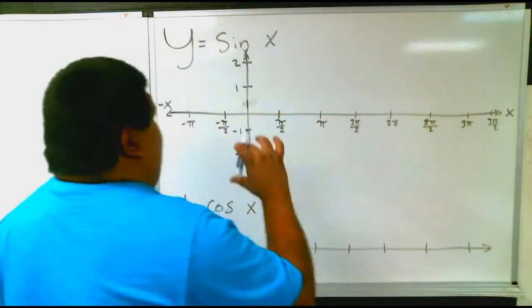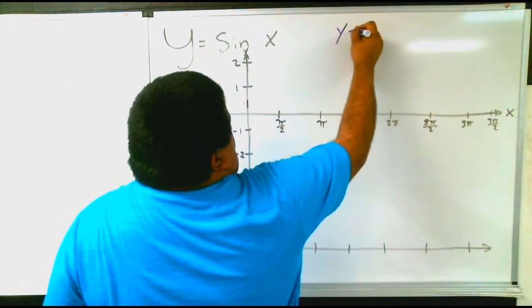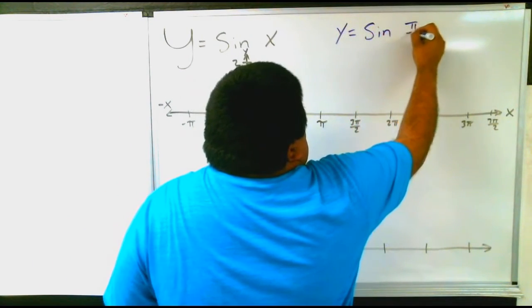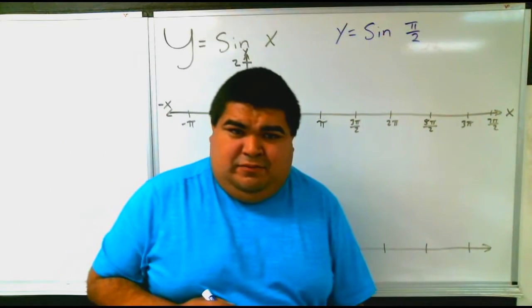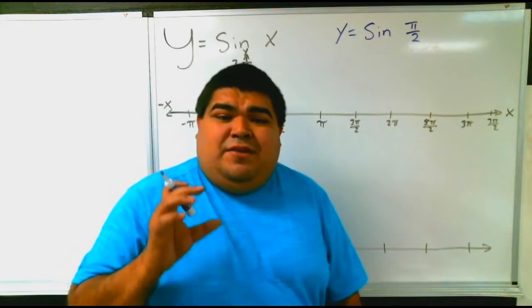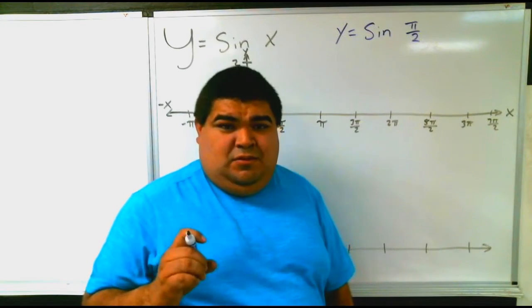Okay, so our parent function for this first problem is gonna be y equals sine of pi over half, okay? Which means that every half of pi, we're gonna have a dot, okay?